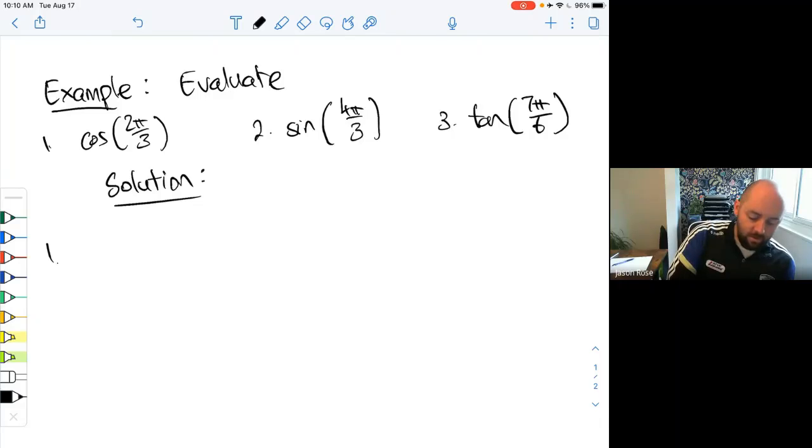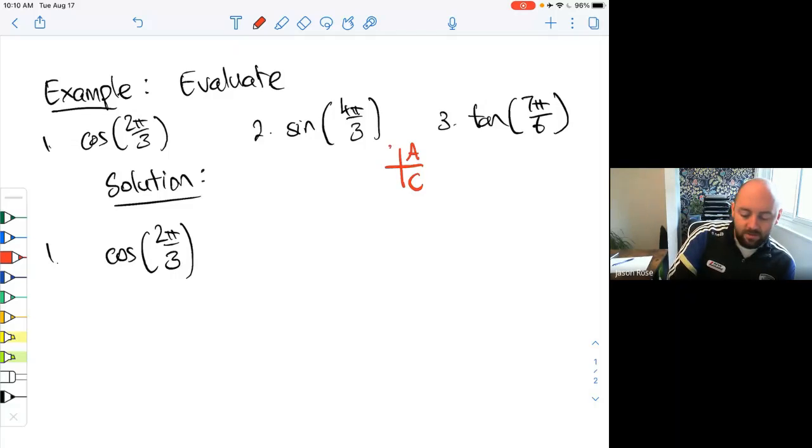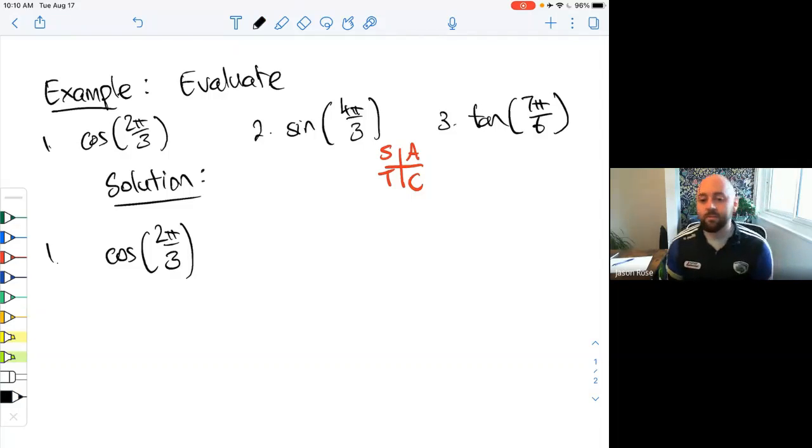So what you're going to do is we're going to say the cosine of 2 pi over 3. And somewhere on your page, if you're solving a problem like this, you want to have this written out somewhere handy that you can keep an eye on. If you remember what that means, the A stands for all, the S stands for sine, T stands for tan, and C stands for cosine. And what it means is that in quadrant 1, all the trig functions are positive.